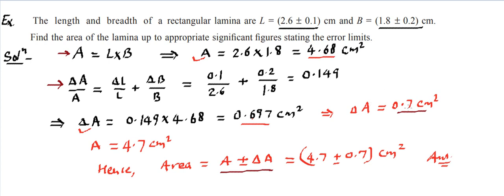This delta A has one decimal place, so this has to be converted to one decimal place. Hence I have converted this up to one decimal place by using the round off rule. So this will become the value of A. Once we got the value of A and delta A in appropriate significant figures and decimal places, then we can write our answer in a proper fashion.